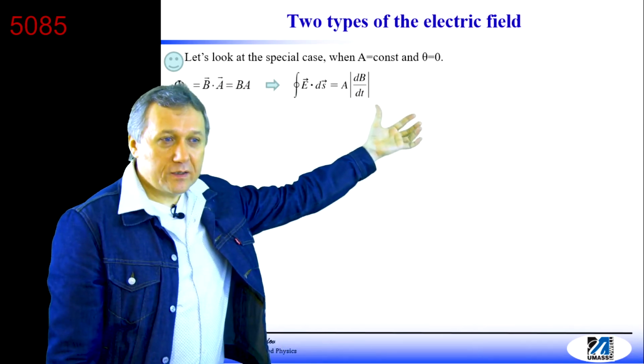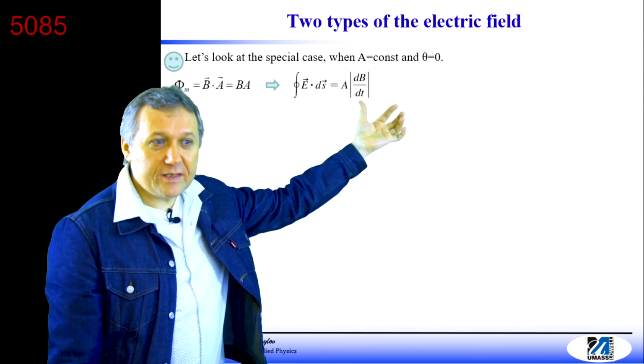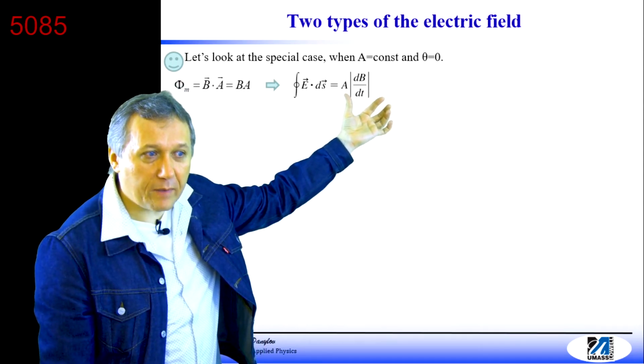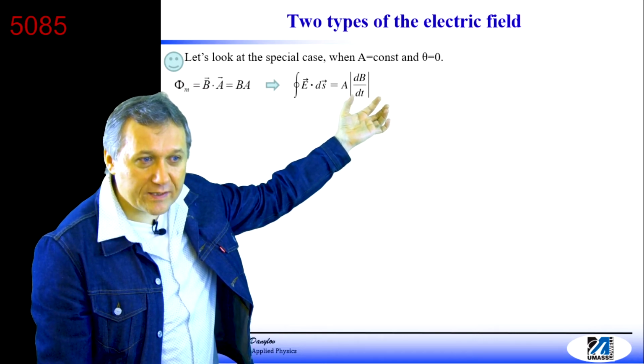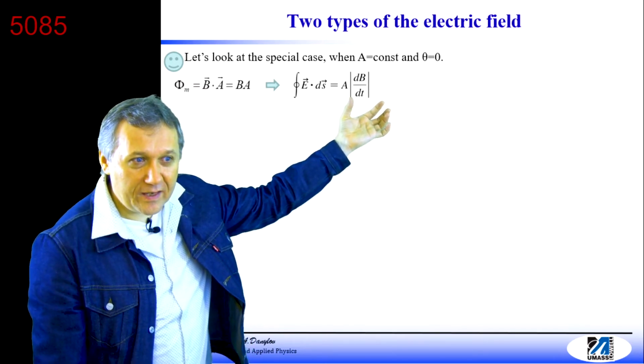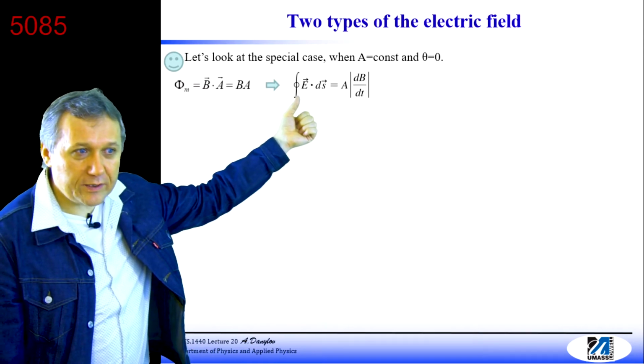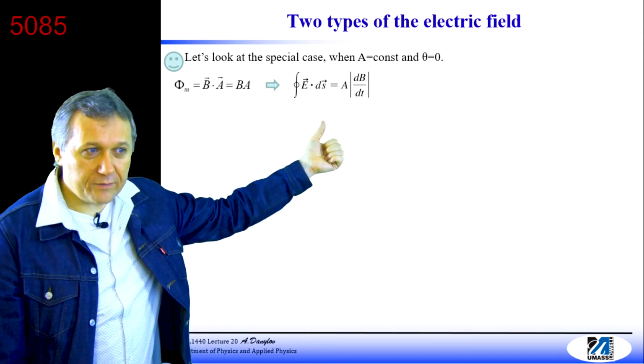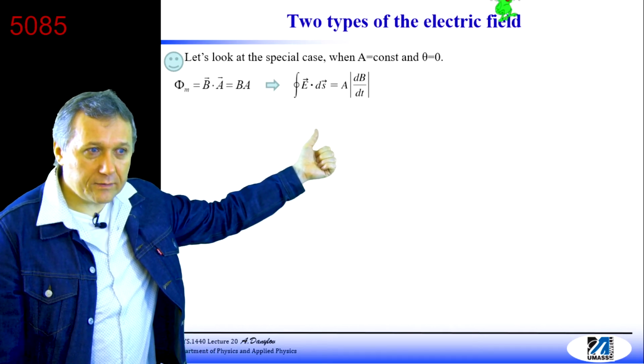So what is the source? dB over dt, rate of change of what? Magnetic field. So this is the source, and it produces what? It produces electric field. A changing in time magnetic field produces electric field.